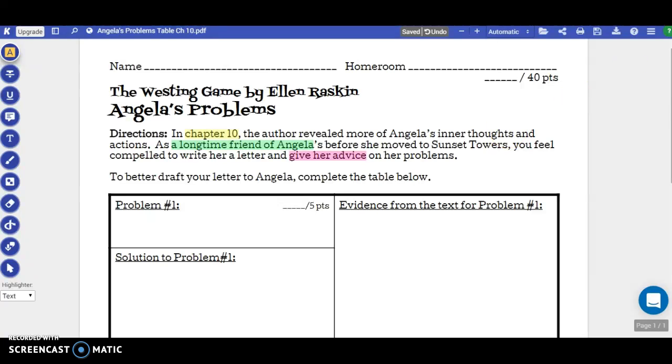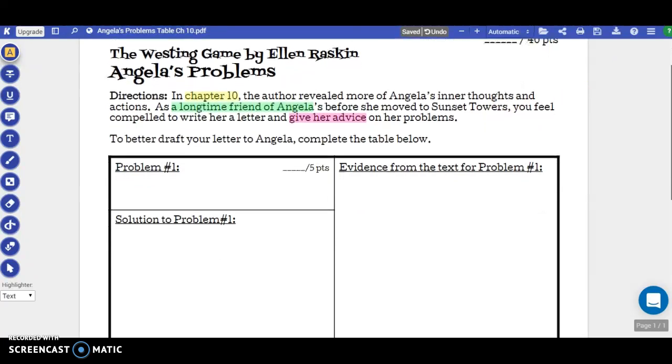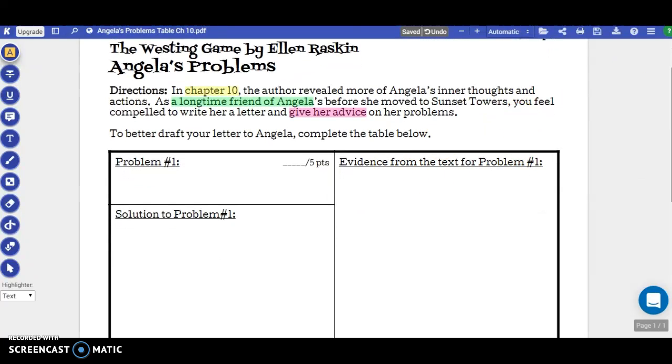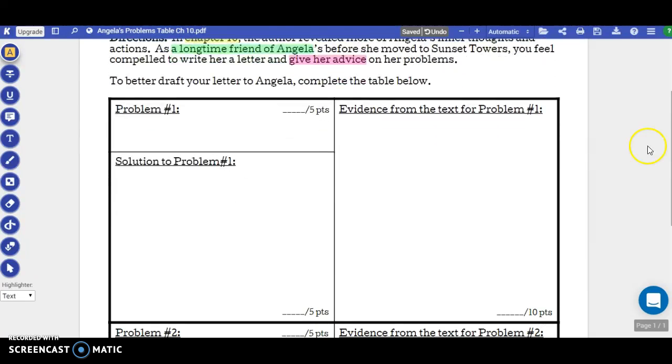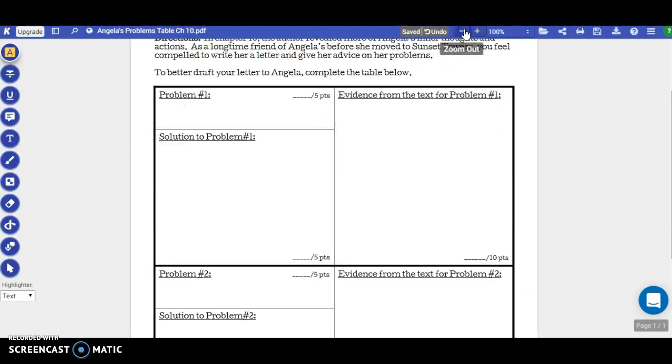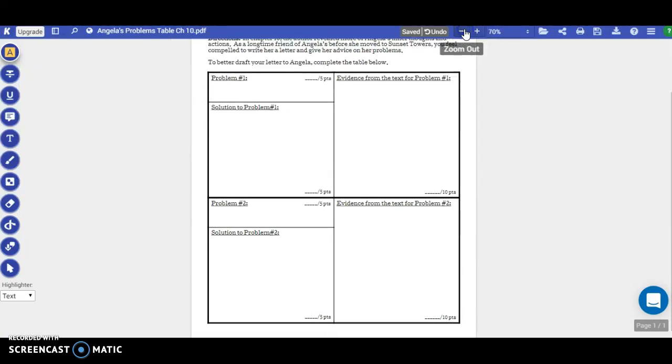So let's take a look at the table. The first thing that we need to do is figure out what her problems are. If we look at the table, it's asking me to tell the first problem, give evidence from the text for that problem, and a solution.